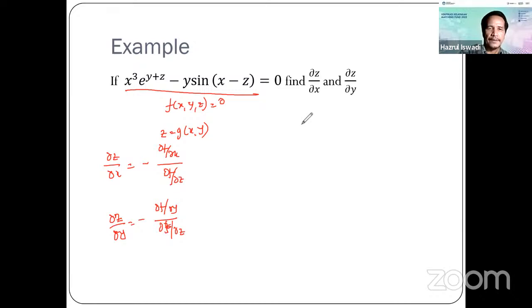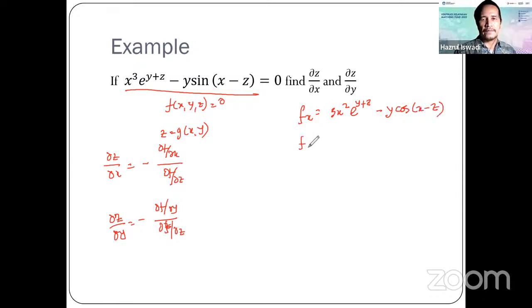It means that you should find fx. Fx is 3x squared e to the power of y plus z, and minus, sine becomes cosine, minus y cosine of x minus z.